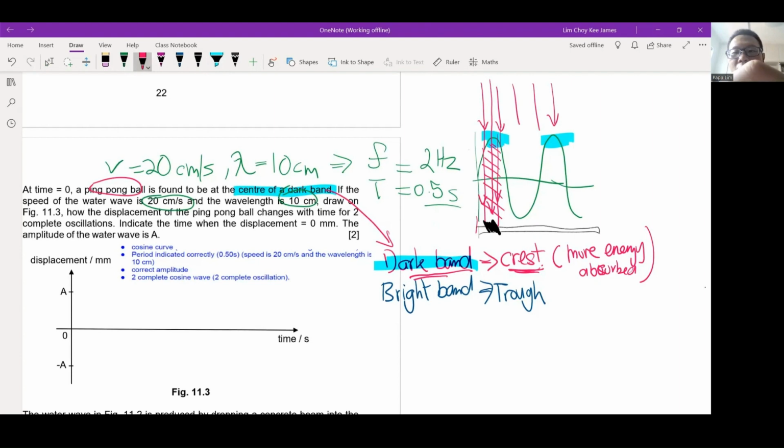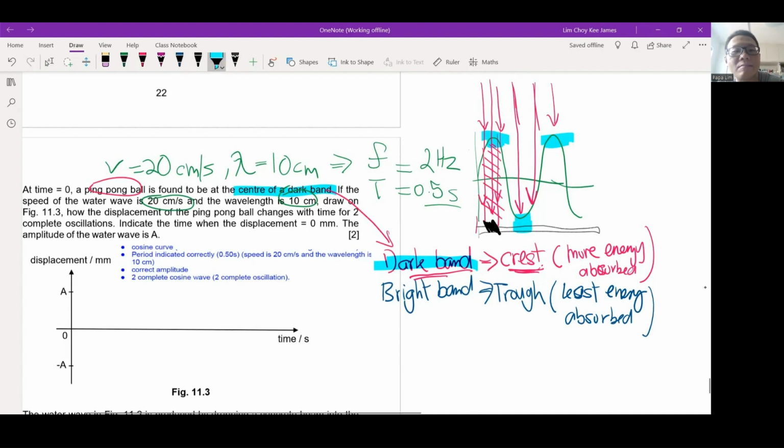The opposite will be true for the light ray that encounters the trough first. You find that the amount of water it has to go through is the minimum. So upon hitting the water wave at the trough, the depth of water it has to go through is very little. As a result, the least energy is absorbed by the water wave, and the light ray actually retains most of the energy.